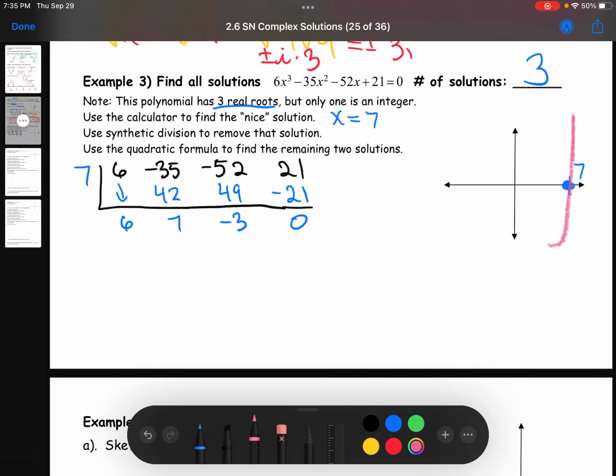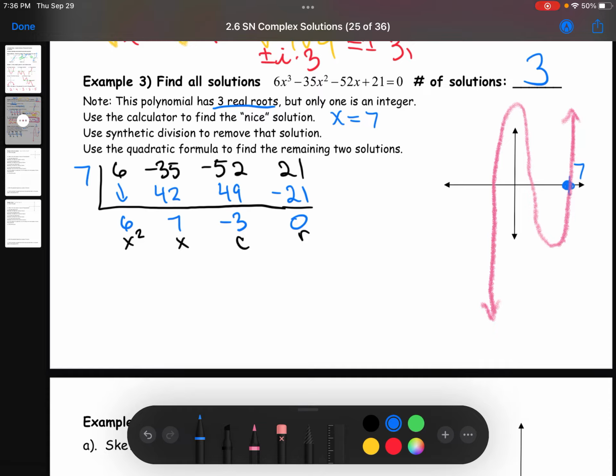Okay, now the shape of this graph looks something like this. Now I'll probably have to draw over that later, but that's okay. Now, what we have is a remainder of 0, constant of negative 3, x coefficient of 7, x squared coefficient of 6. So our polynomial now is 6x squared plus 7x minus 3. Okay? Now, what that means is that we can solve that quadratic.